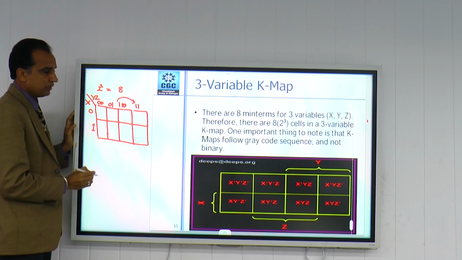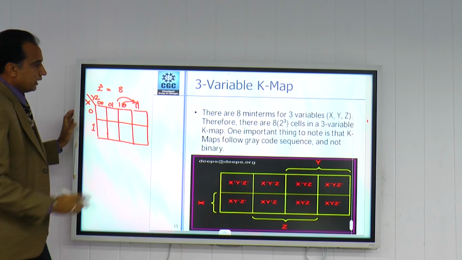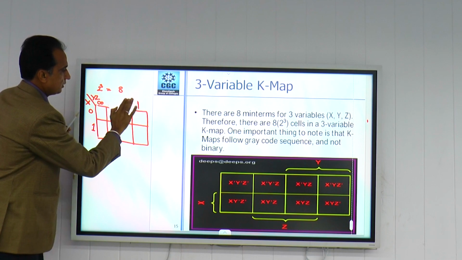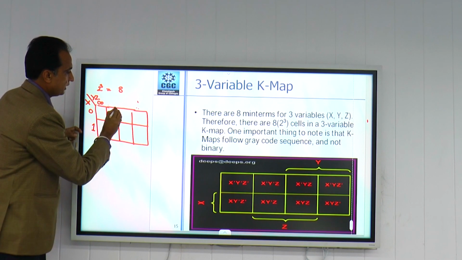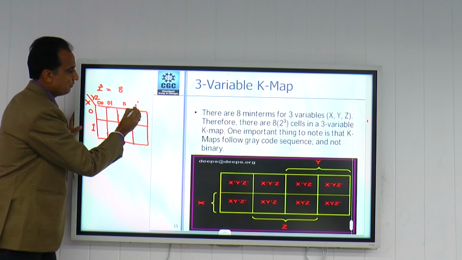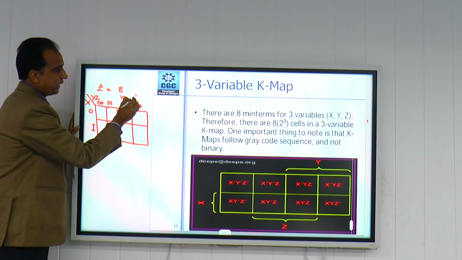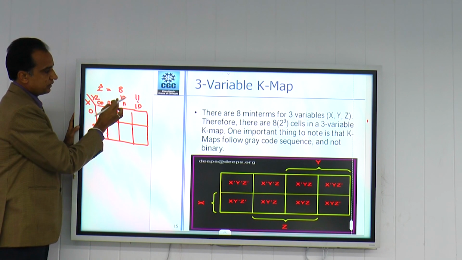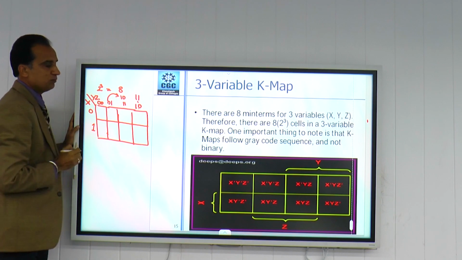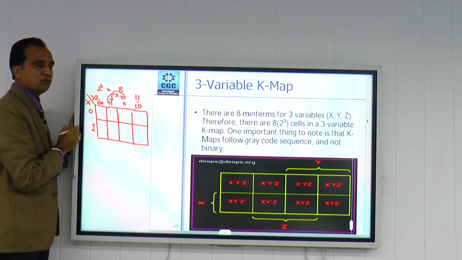If I write 1 0 and 1 1 in that order, compare these two values: this variable changes from 0 to 1, and this variable changes from 1 to 0.